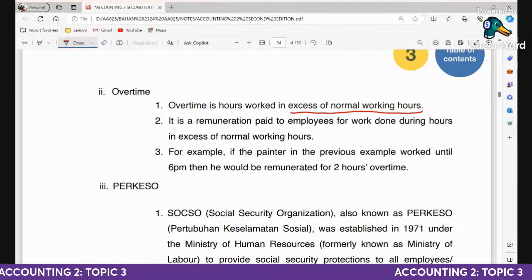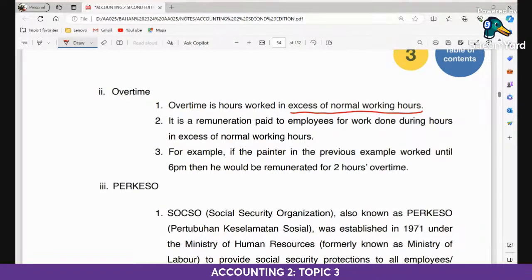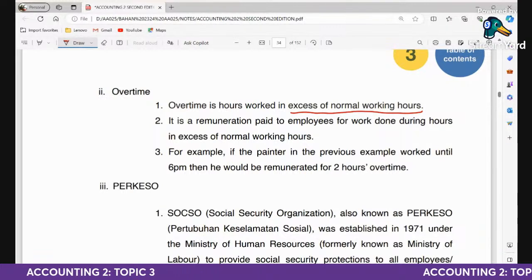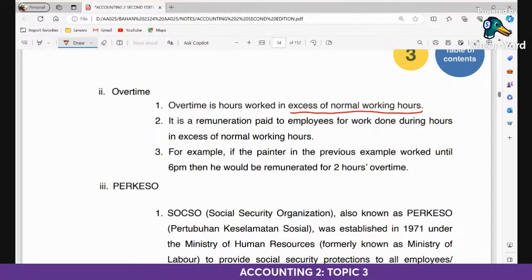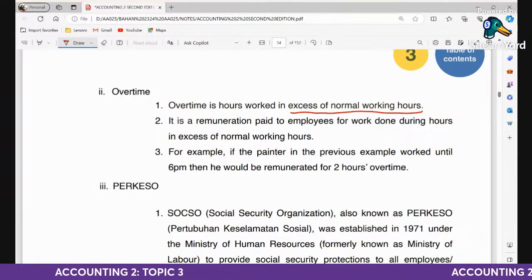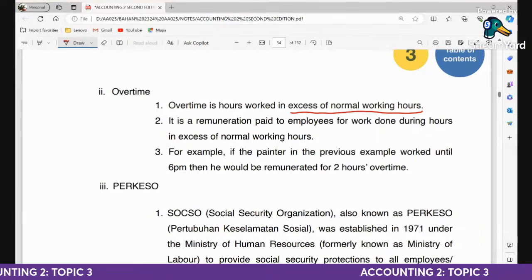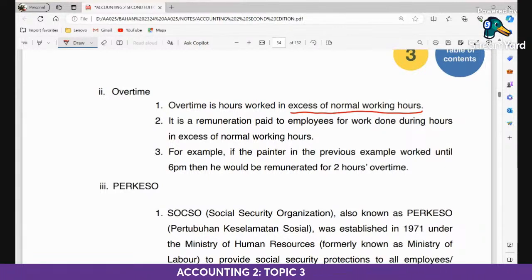Okay, so my first 8 hours is using the rate given for my wages lah, maksudnya satu nilai yang telah ditetapkan untuk pembayaran upah saya setiap hari. Tapi the extra after the 8 hours given, katakanlah saya overtime sebanyak 2 jam, so that extra 2 hours, I will be paid OT.